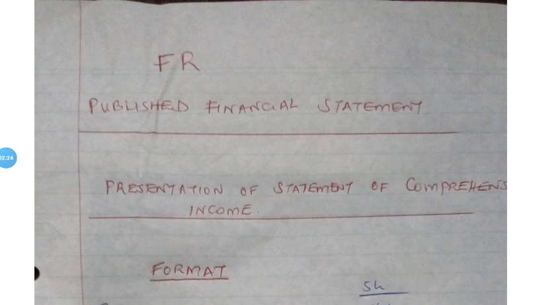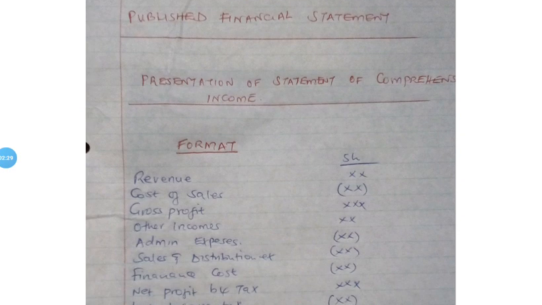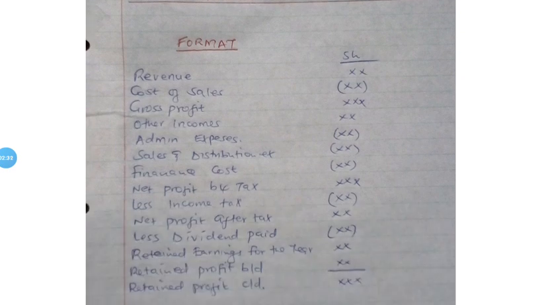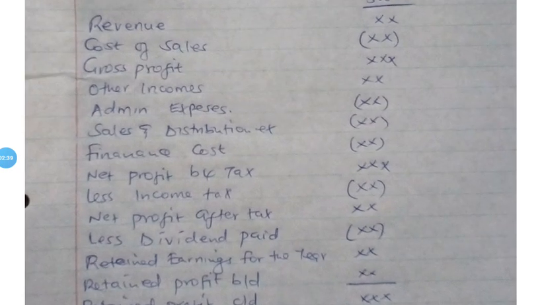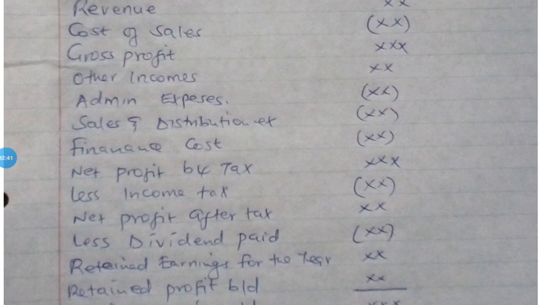All expenses must fit under those four categories. So some expenses are included under cost of sales, other expenses under administration expenses, others under sales and distribution expenses, and others under finance cost.